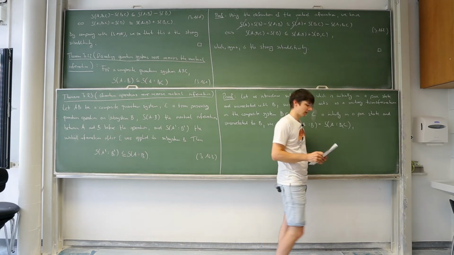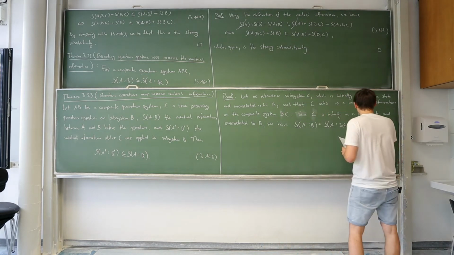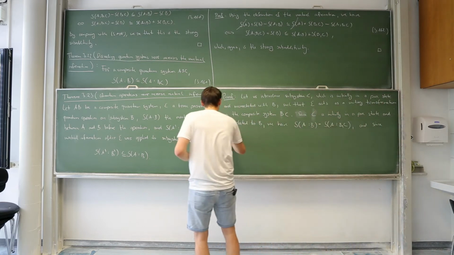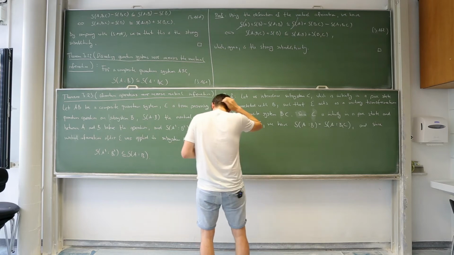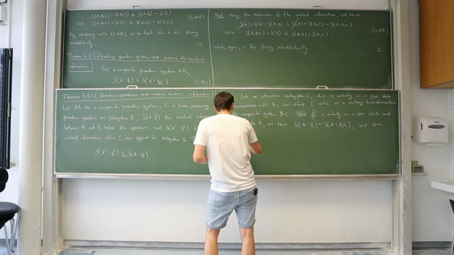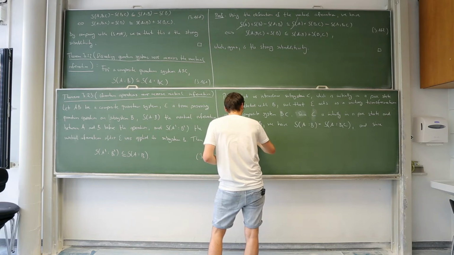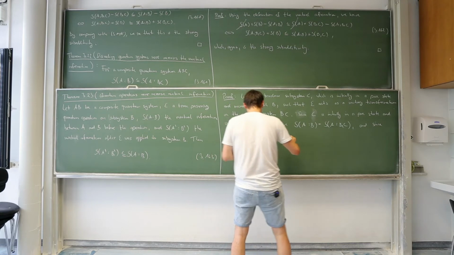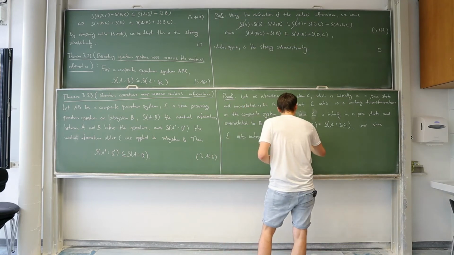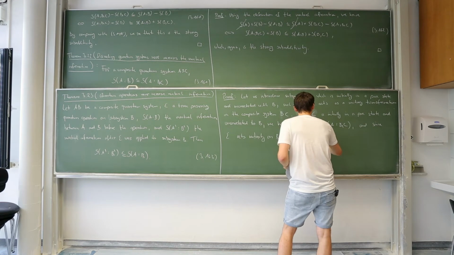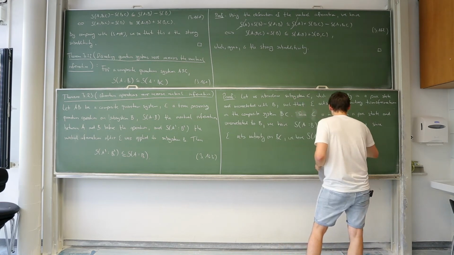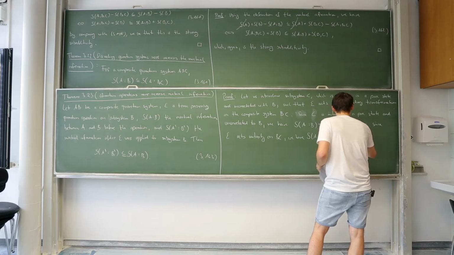So, since this map E acts unitarily on BC, we have that S of A B C is equal to S of A prime, B prime C prime.